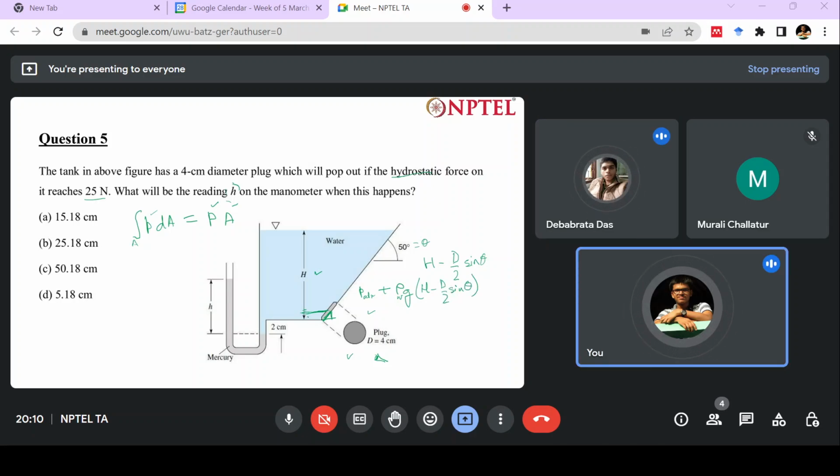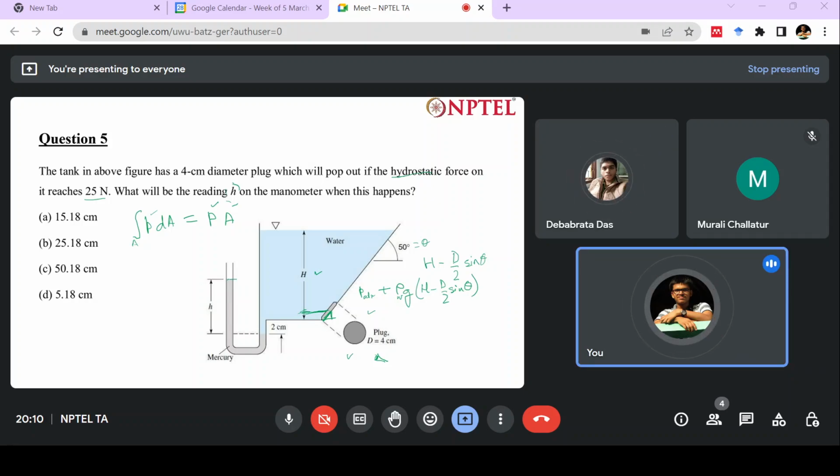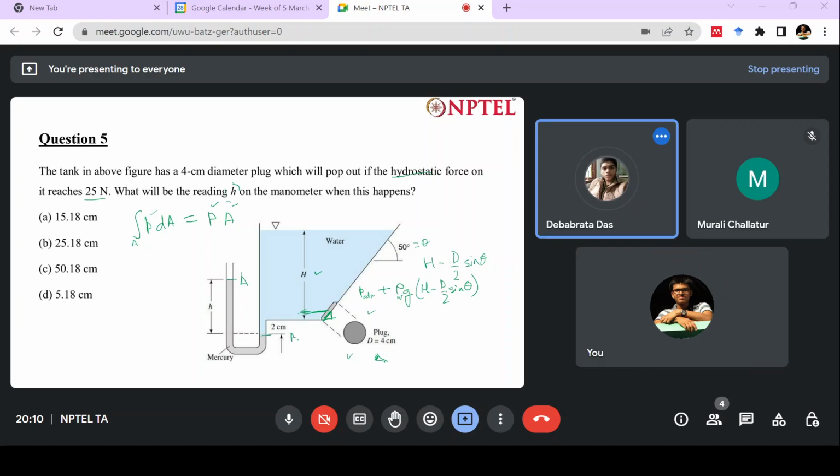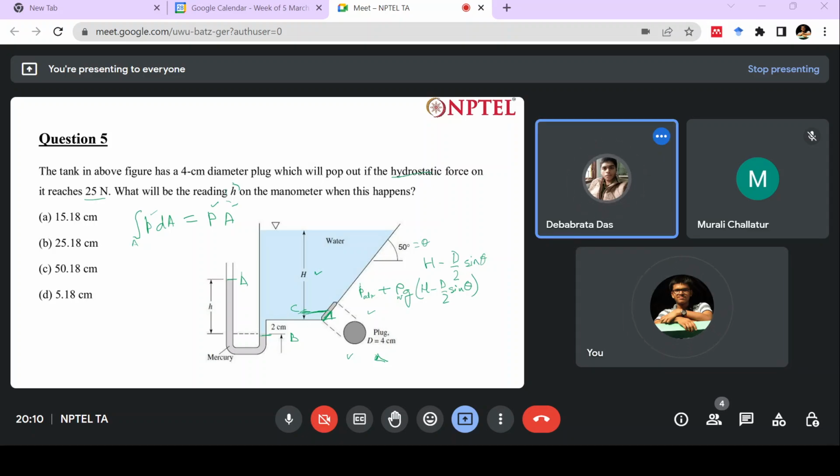Let me name this point as A, this point as B, and this point as C. So this is PC, the pressure at C: P atmosphere plus rho g (H minus d by 2 sine theta).